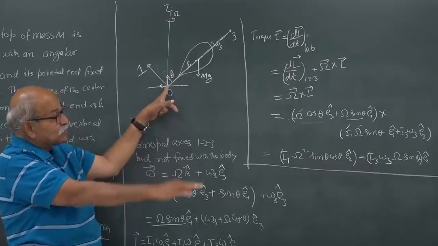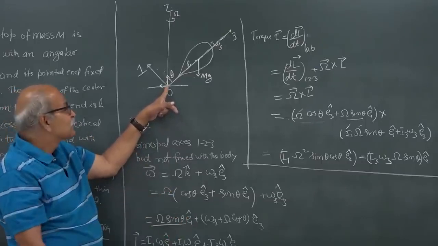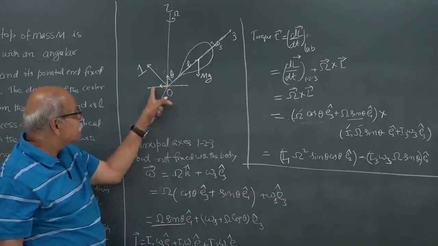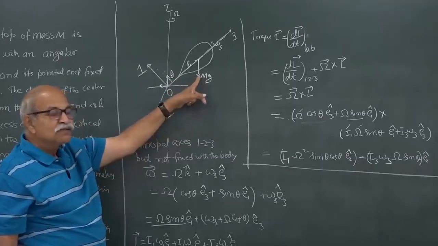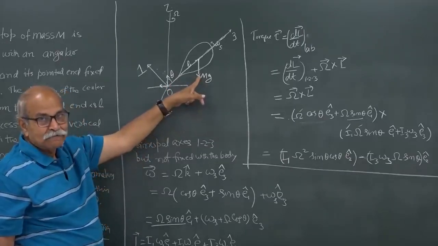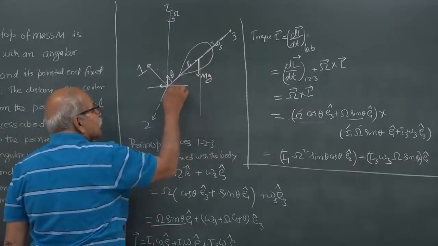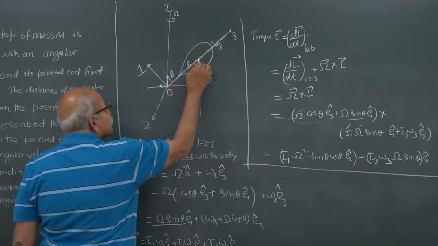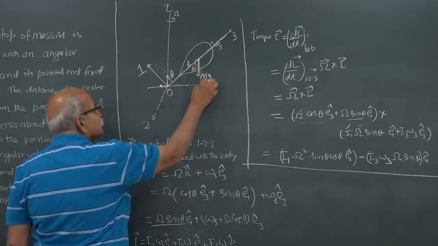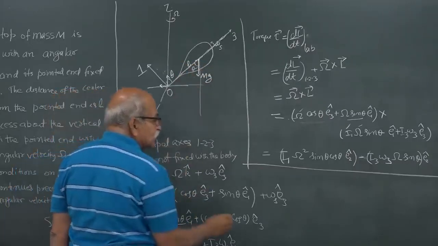Remember, everything is about the origin, angular momentum about the origin, torque about the origin. So, these forces which are there from the ground, they do not produce any torque, the torque is produced from this mg only. And how much is that? If this is mg and this is the point, and this angle is theta, so it is mg and then L sin theta, mg L sin theta.